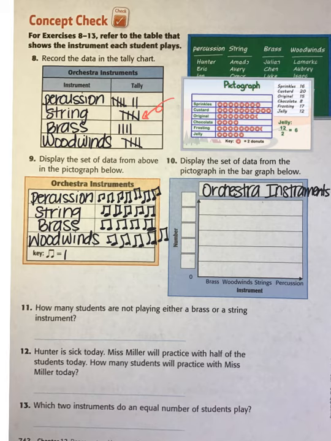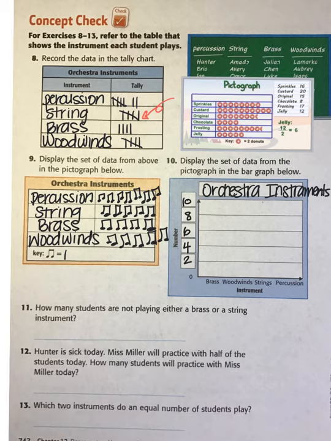Okay, so now as far as the numbers, we're going to count by 2. So we're going to go 2, 4, 6, 8, and the top will be 10. So if you remember how to do a bar graph, we're just going to use bars instead of tally marks or pictures to represent, in this case, the votes or the amount of students for each instrument. So let's do the brass first.